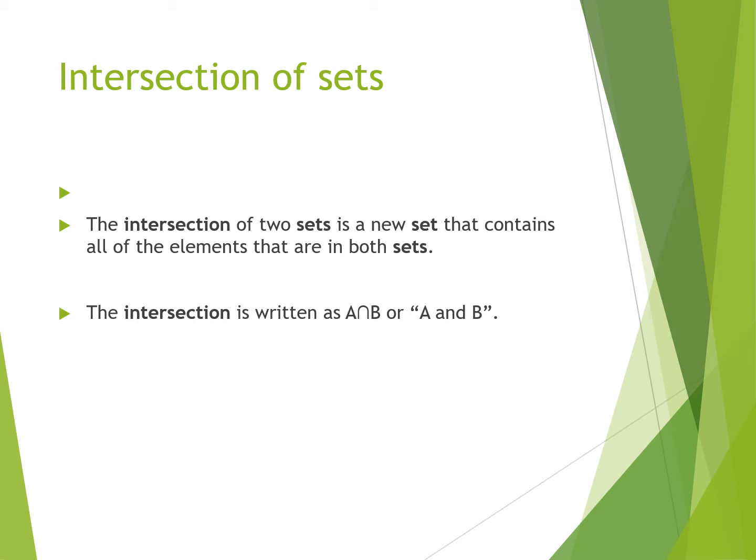So if you have set 1 and set 2, you look in set 1 and in set 2 and see what element is in set 1 that is also in set 2, and that is the intersection of both sets. The intersection is written as A ∩ B, or it can be written as "A and B".